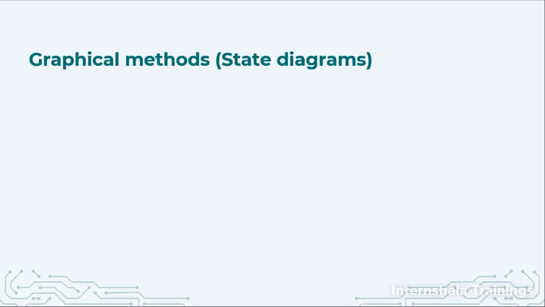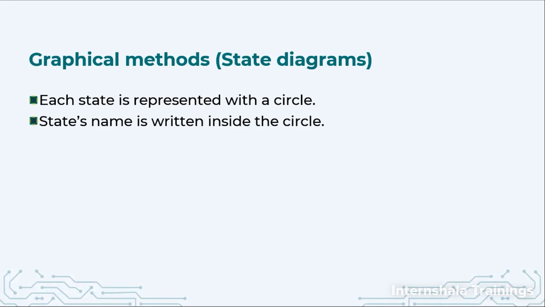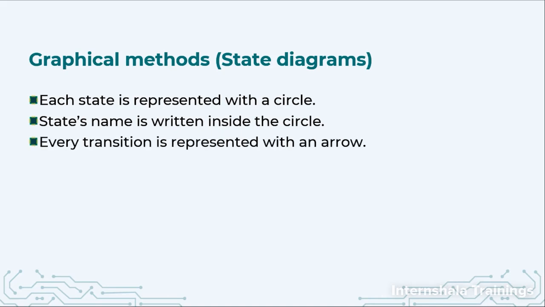So, first of all, let us discuss the graphical method to represent the state machine, and these graphs are also called state diagrams. In a state diagram, every state is represented with a circle. The name of the state will be written inside the circle. So if I have 5 states, I am going to have 5 circles, and inside every circle a unique name will be written. Every transition from any state to any state will be represented by an arrow.